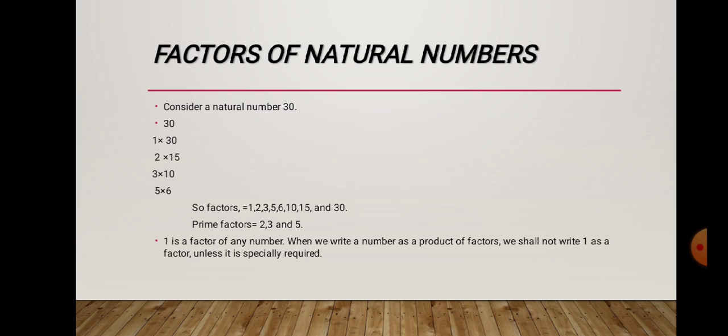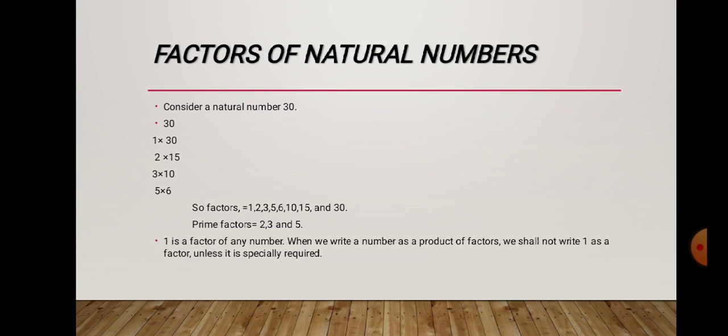Next, 2 15s are 30. Next, 3 10s are 30. And the last is 5 6s are 30. We know 6 5s are also 30, but we have to write only one time. Now we will write all the factors. So factors of 30 are 1, 2, 3, 5, 6, 10, 15 and 30.